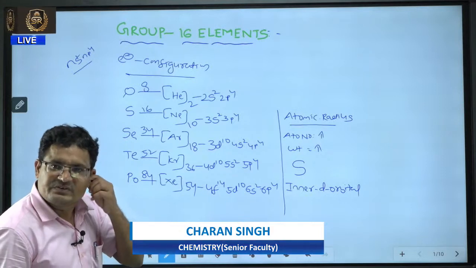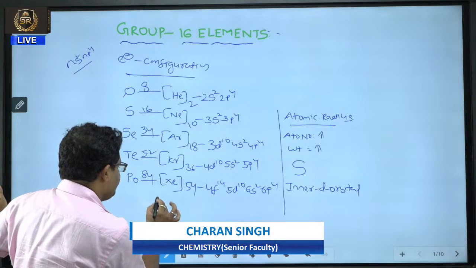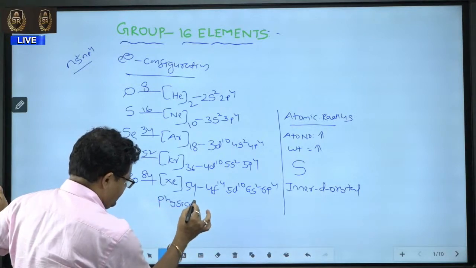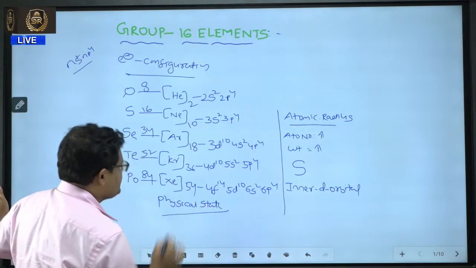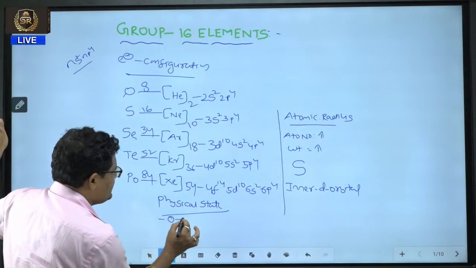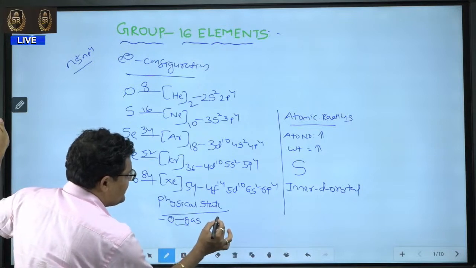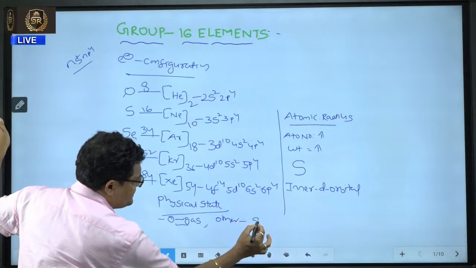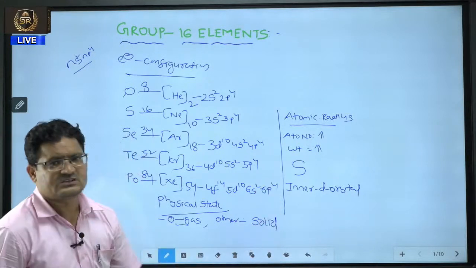After that, physical state. What is the physical state? Here oxygen is a gas, while the other elements are solid.